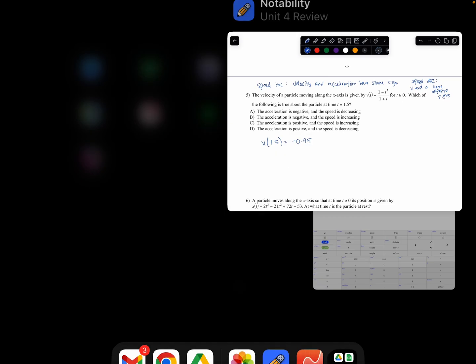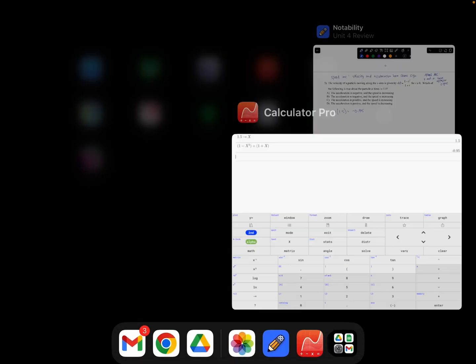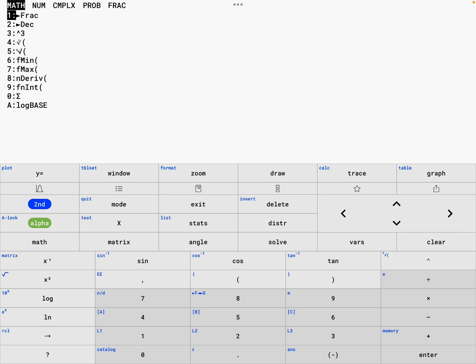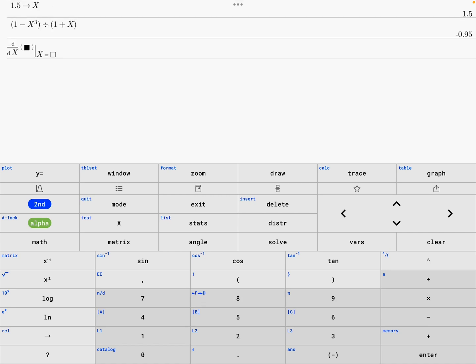Okay, and then you could just use your calculator to do the derivative. Oh man, this calculator does not like doing exponents though. So you can plug in 1.5 right here, and then I'll try doing this. Divided by 1 plus x, and then 1 minus x to the third.